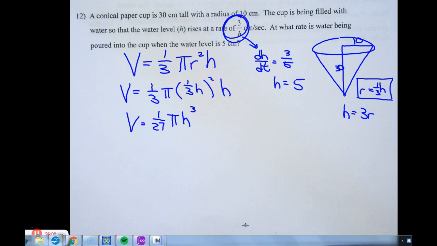And then h is 5. That's the only two variables you have. Because we only have variables with h in them, we don't have any variables with r. I better not have a dr/dt. I can't have a dr/dt means I can't have an r in the problem. That's why we're plugging in this at the beginning, so that there is no r in the problem, so that there is no dr/dt, so I don't get stuck later.